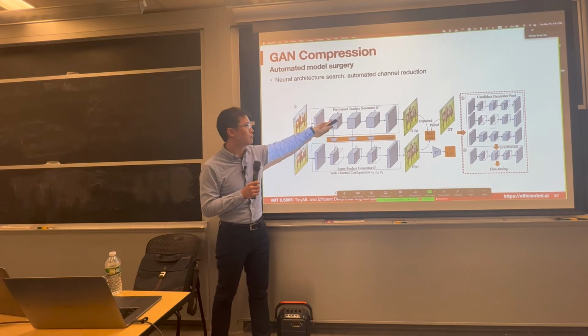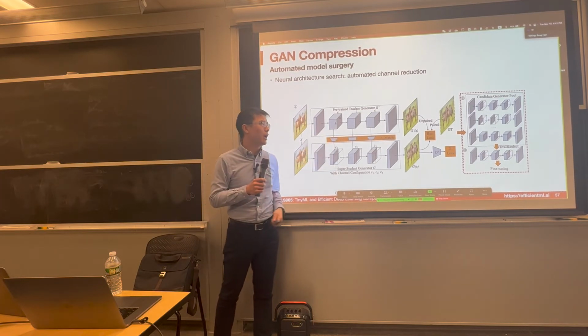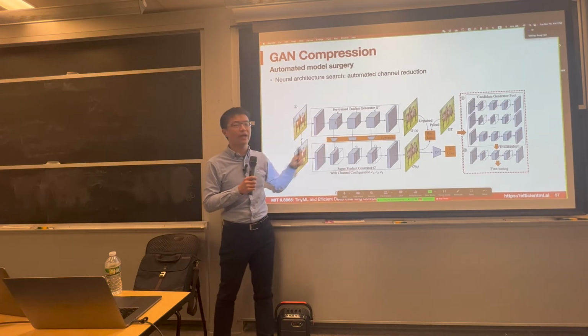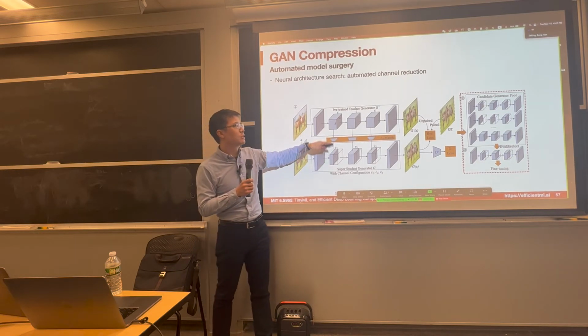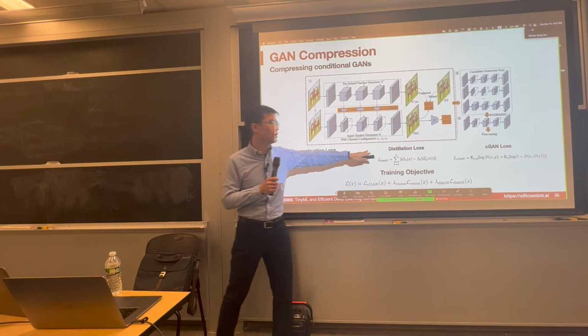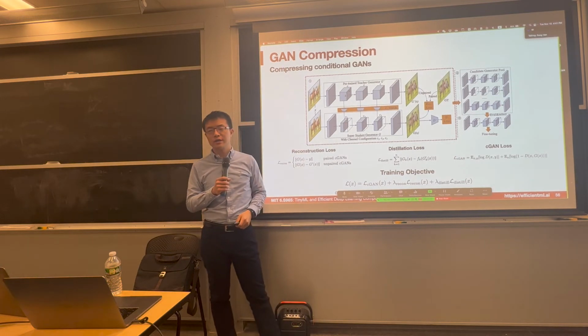So this has the full channel, this has the partial channel. Therefore, we have to use this projection matrix to project the dimension so that the dimension actually matches, right? So that creates the distillation loss between the teacher and the student's outputs, right?